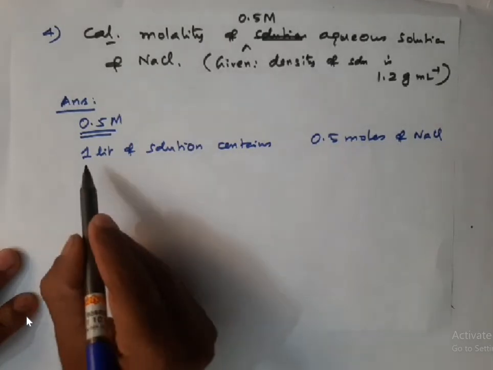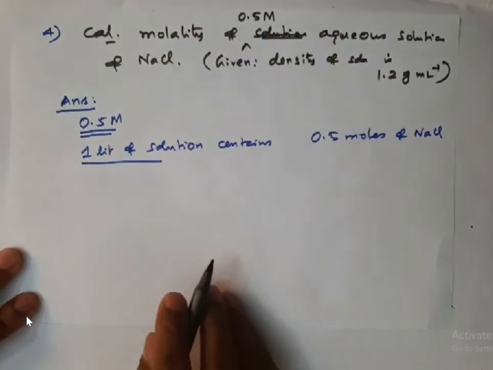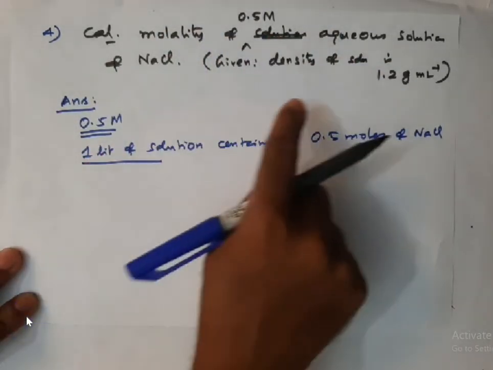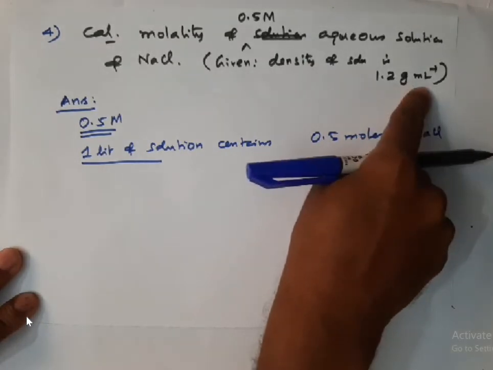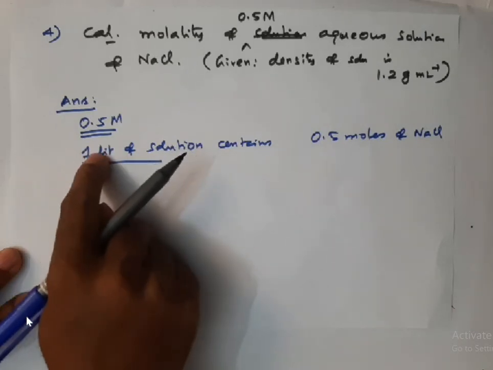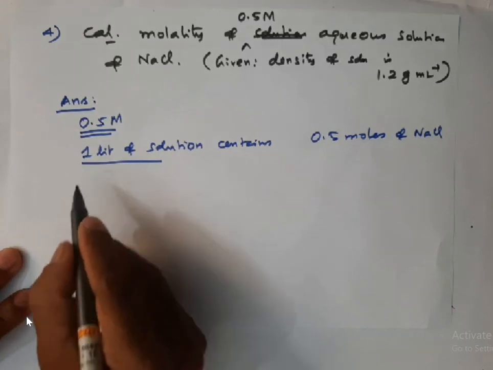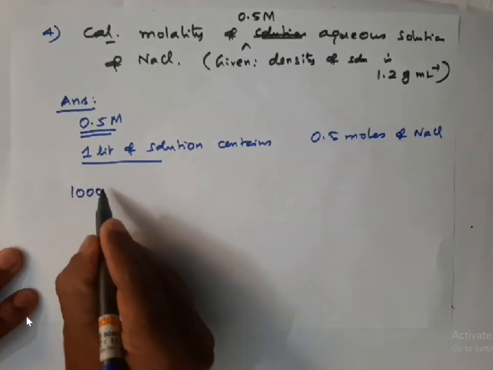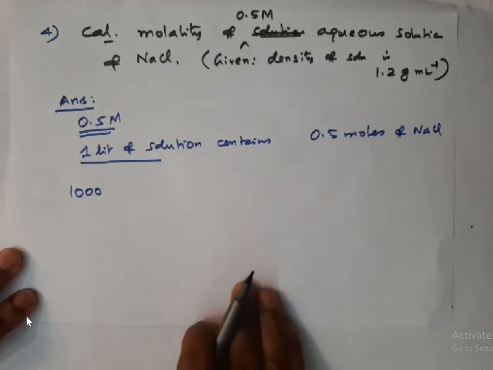Now we should convert this volume into mass. So here density is given. Density is gram per ml. Here I have 1 liter, so first I'll convert this into ml. So 1000 ml of solution contains 0.5 moles of sodium chloride.